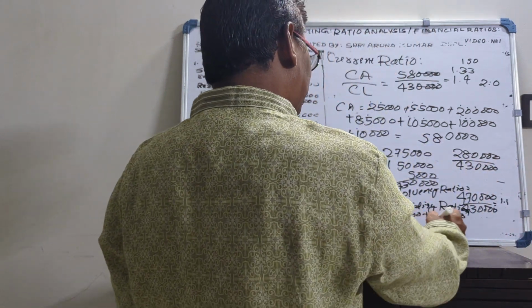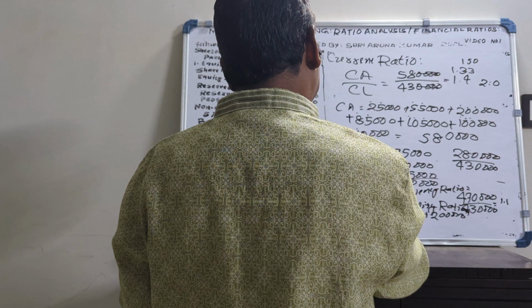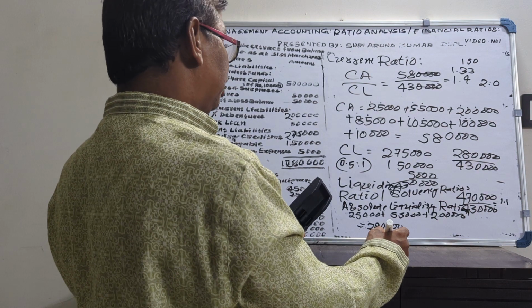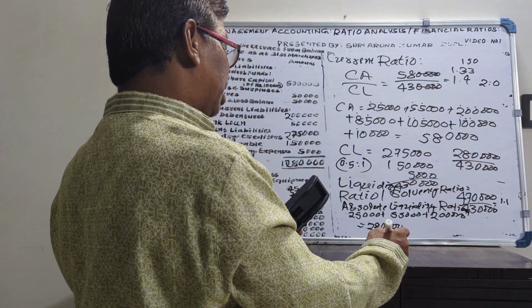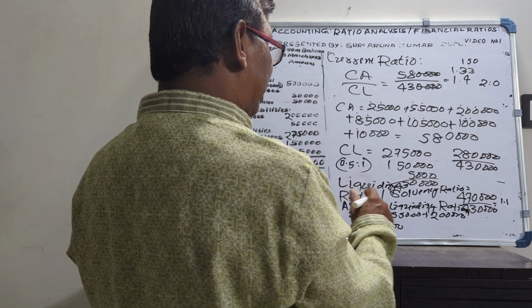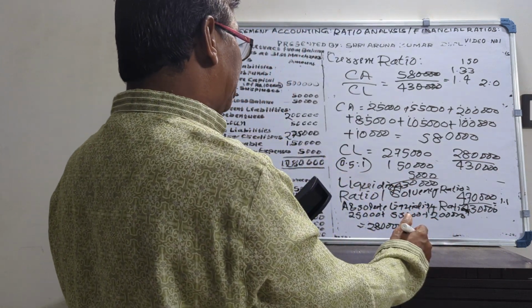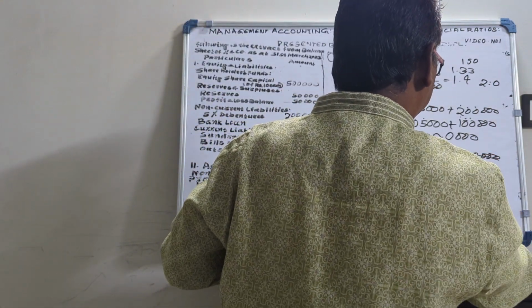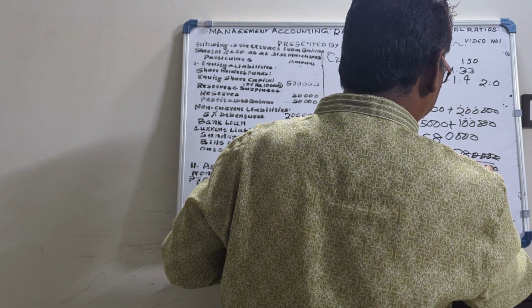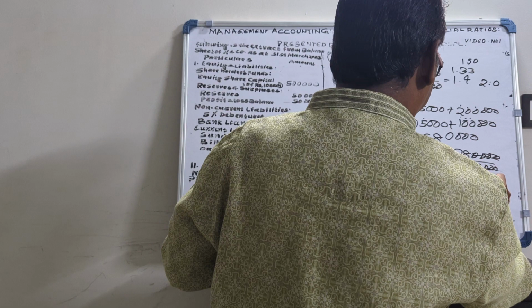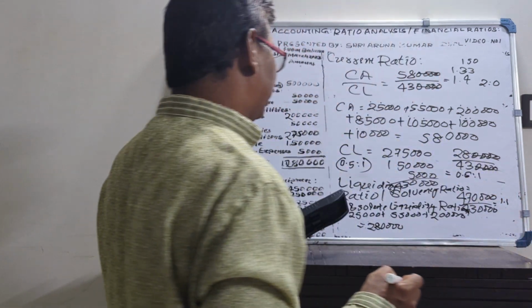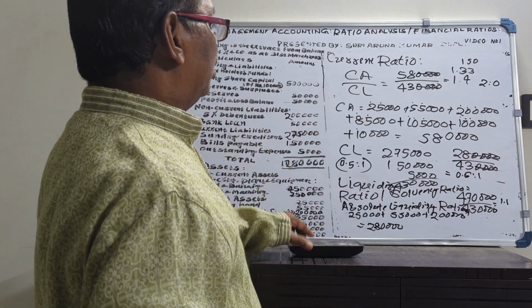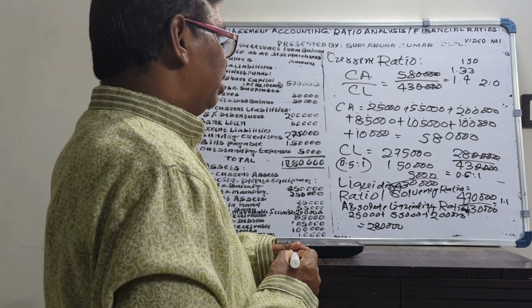And ideal ratio is 0.5:1. That means absolute assets, which include cash in hand, cash at bank and marketable security, should be half of current liability. Here it is more than half, that is 0.6:1.